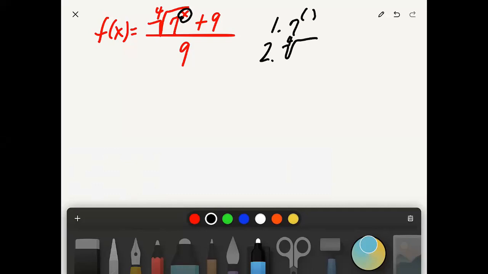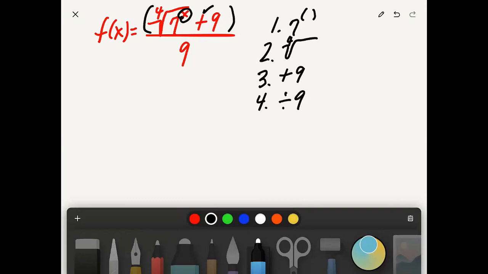And then the third thing is I'm adding 9 right here. And then the last thing is dividing by 9. The reason that I'm going in that order is this stuff on top is basically all inside of parentheses. So I'm starting with the exponential, then the fourth root, then the sum, and then the division, the ratio.